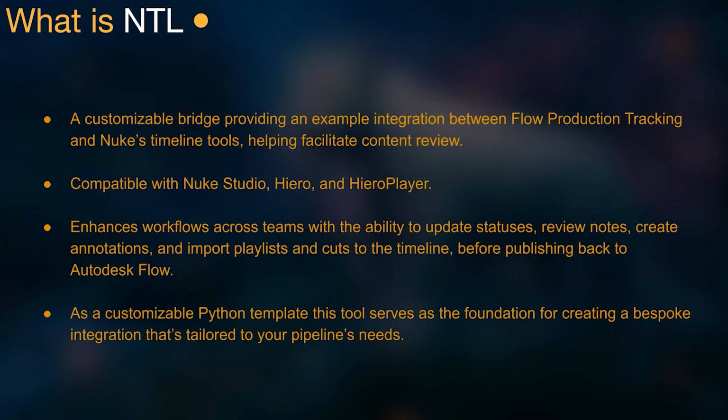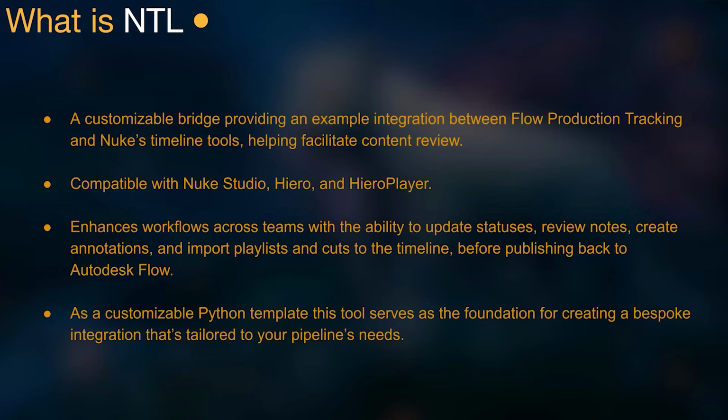It's compatible with Nuke Studio, Hiero, and HieroPlayer. We're hoping this enhances workflows across the team with the ability to update statuses, review notes, create annotations, import playlists and cuts to the timeline before publishing all of this back to Flow. This tool is built as a customizable Python template and serves as the foundation for creating a bespoke integration that's tailored to your pipeline's needs.